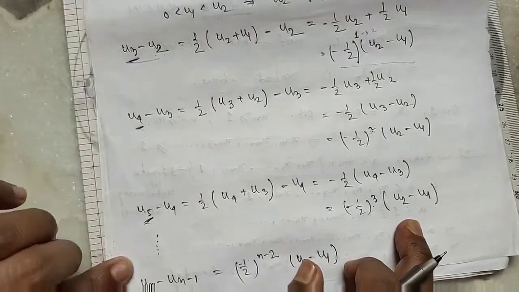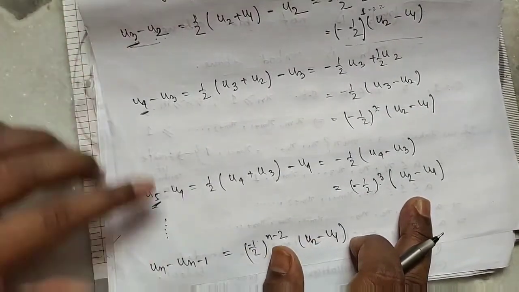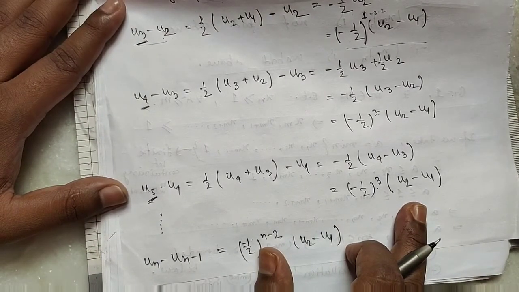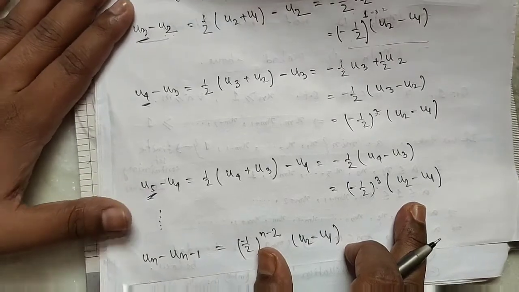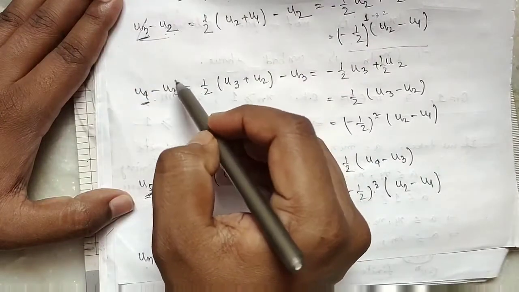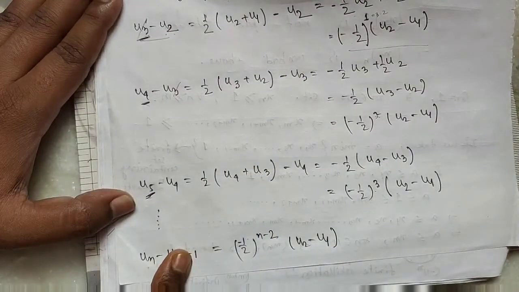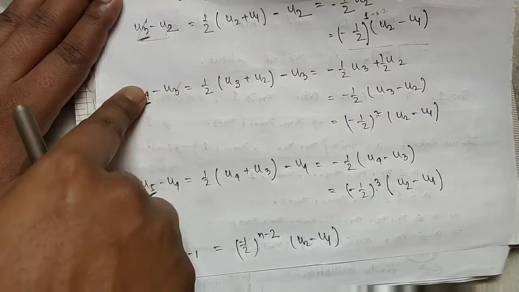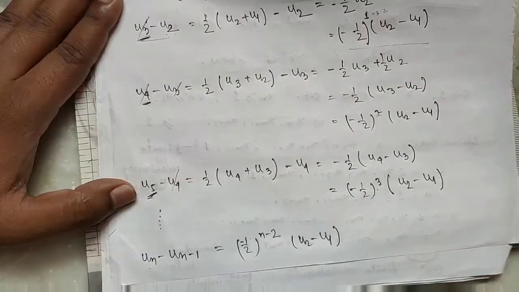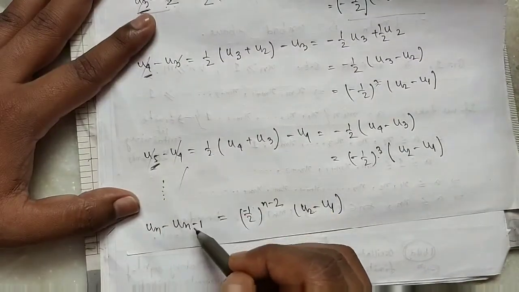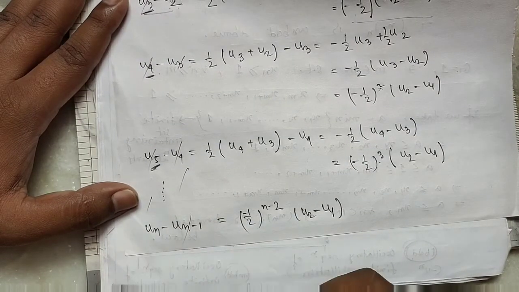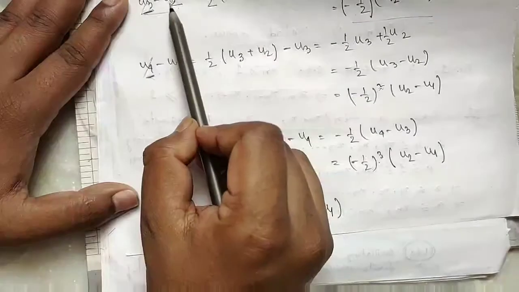Now if we add all these, u3 cancels out, u4 cancels out, similarly u5 cancels out, and similarly un minus 1 cancels out. Only we get un minus u2.